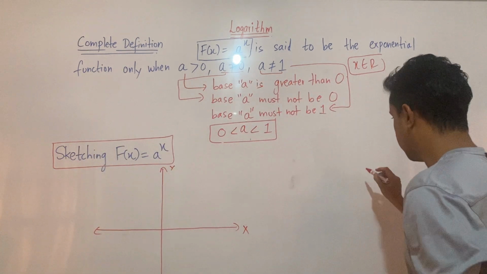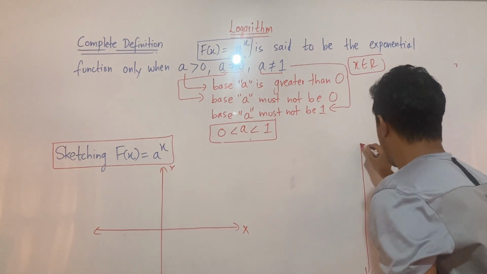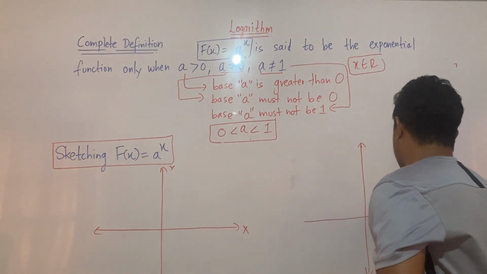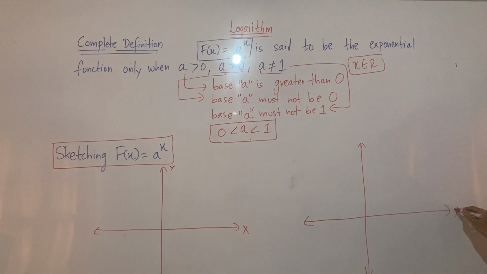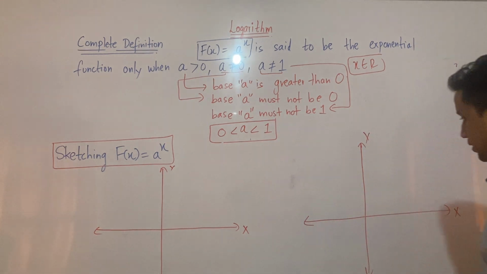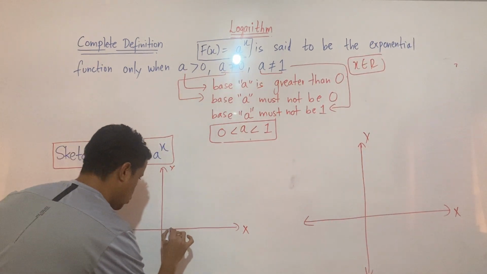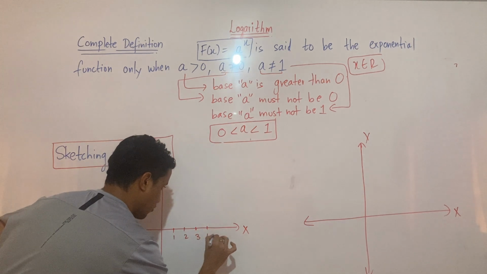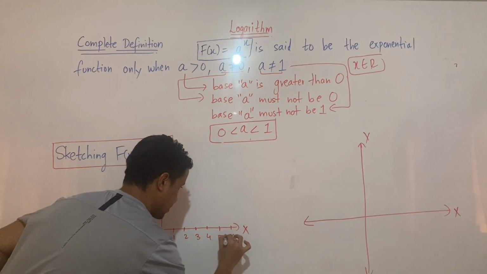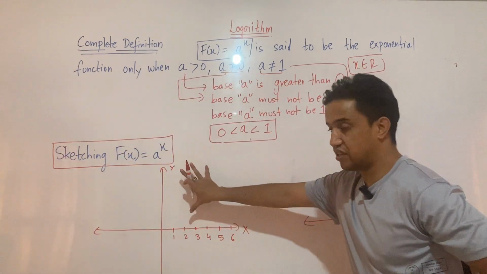And also here, I'm going to draw one more plane. Okay, one more plane. This is x and this is y. Okay, so here I have positive values of x: 1, 2, 3, 4, 5, 6.